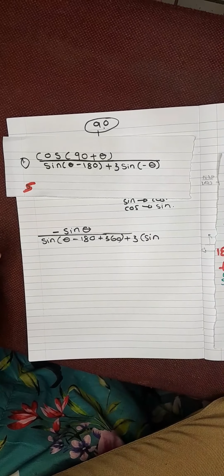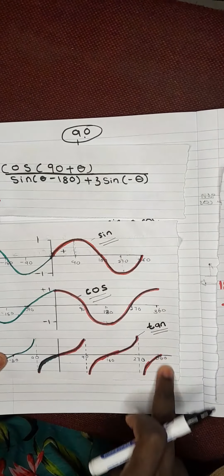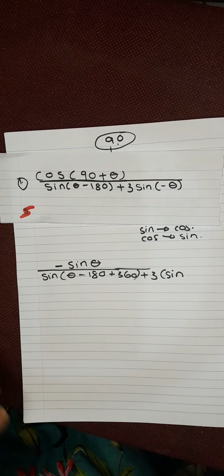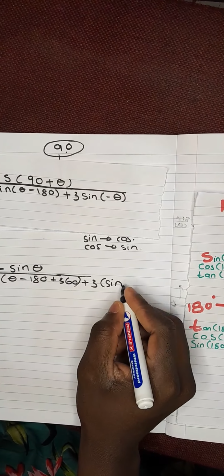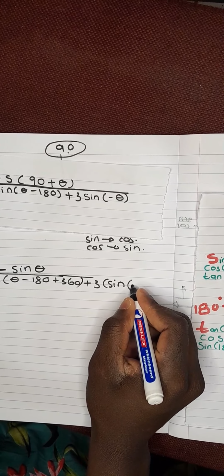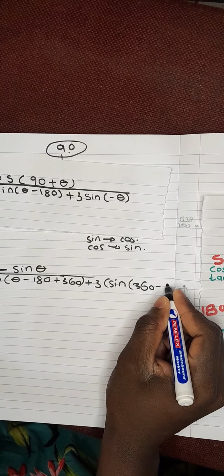Even here, I still have the same problem. It's not in this red part. It is here, meaning I have to add 360. I'm going to have sine open bracket 360 minus theta.